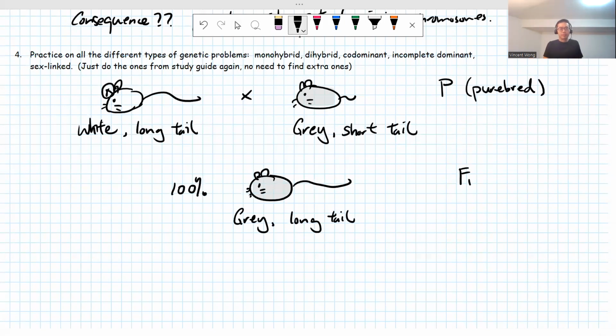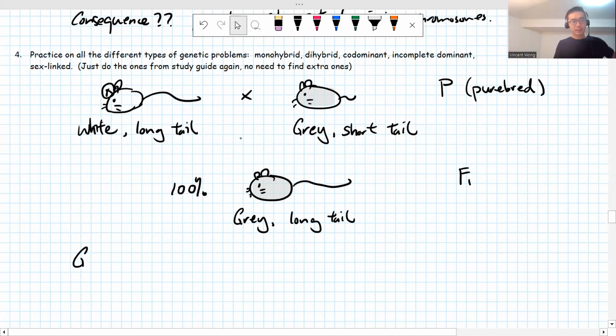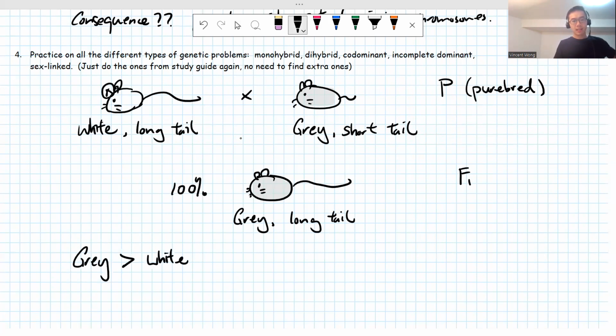So what does this tell you? What information can we get based on this result alone? That's right. Based on this alone, you can conclude that gray is dominant over white and long tail is dominant over short.